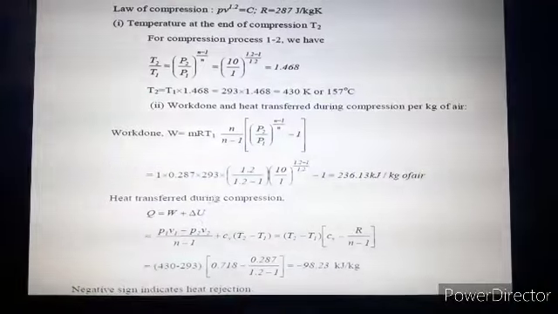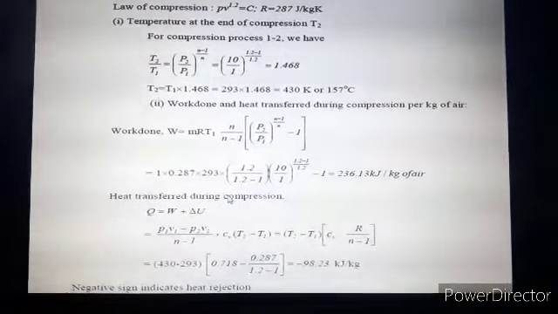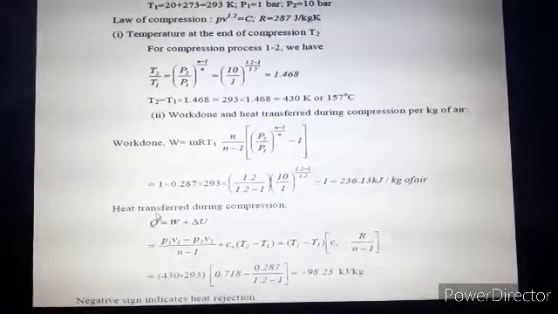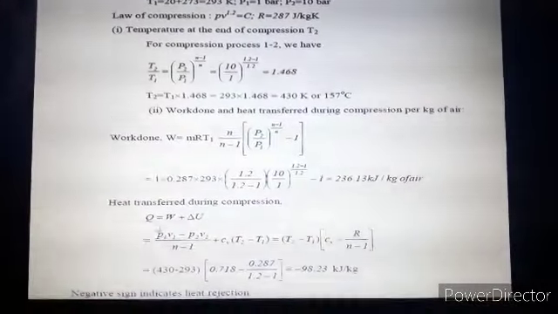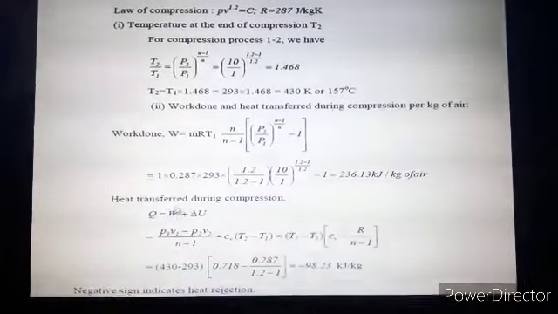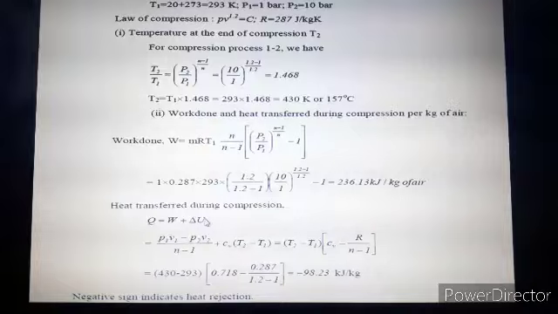Now we have to find here the heat transfer. So just as we have discussed, we have to refer the equation suggested by the first law of thermodynamics. According to it, Q is equal to W plus delta U, where Q is the heat transfer, W is the work required for the compressor, and delta U is change in internal energy.